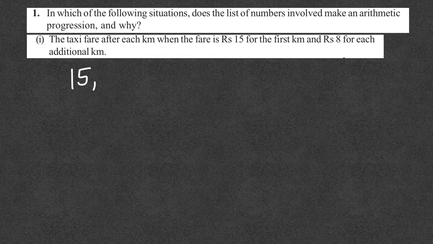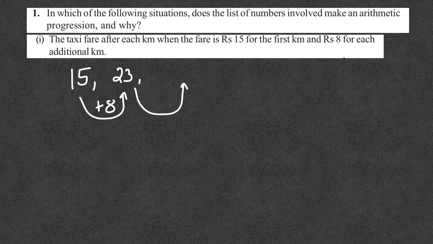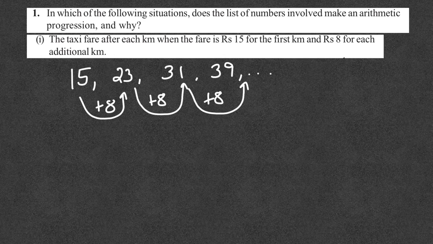If you take one additional kilometer and 8 rupees is charged for it, so what will it become? It becomes 23 rupees. If you take another kilometer, 8 rupees is charged more. So, what will it become? It becomes 31. And if you take another kilometer, 8 rupees is charged more. So it becomes 39 and so on.